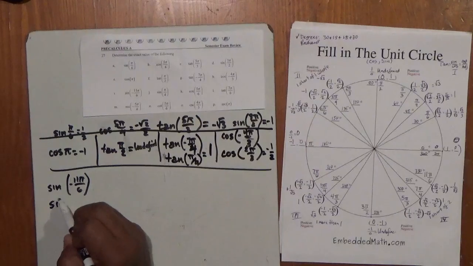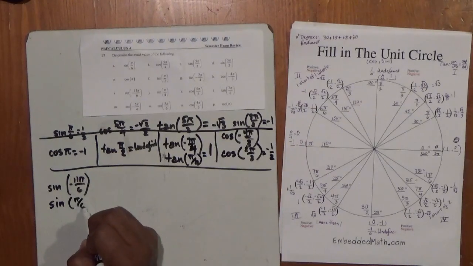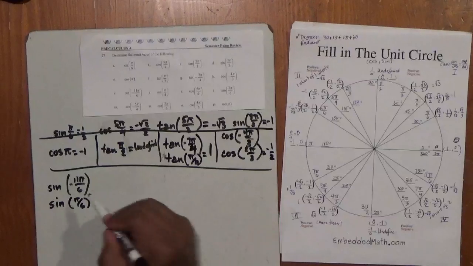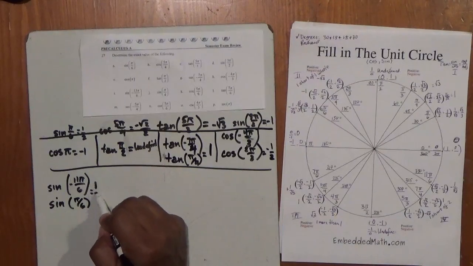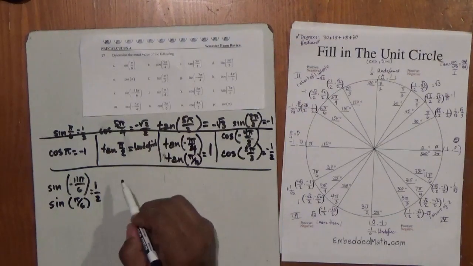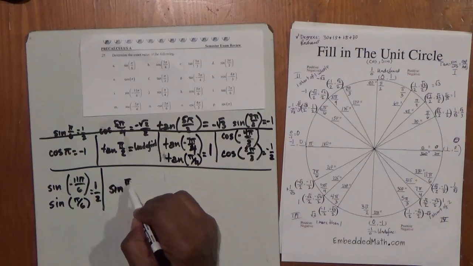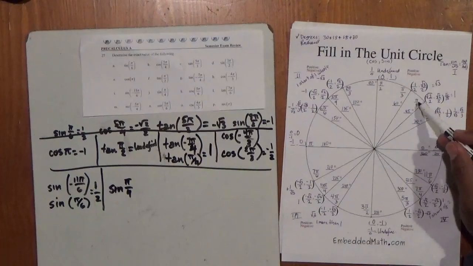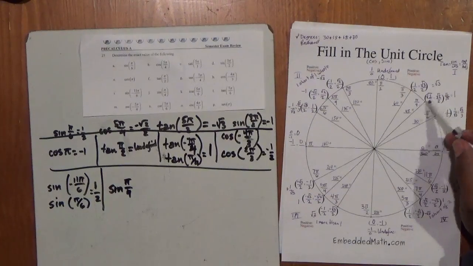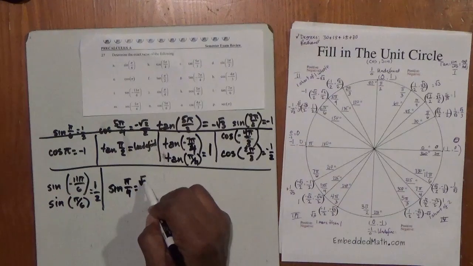So that's equal to sine pi over 6, and sine pi over 6 is equal to 1/2. Then we get some easier ones. Sine pi over 4, or sine 45, is equal to √2 over 2.